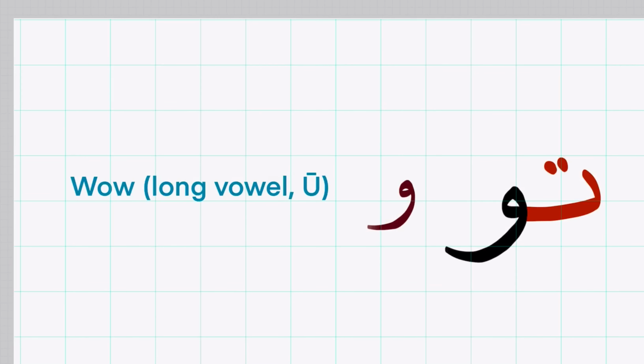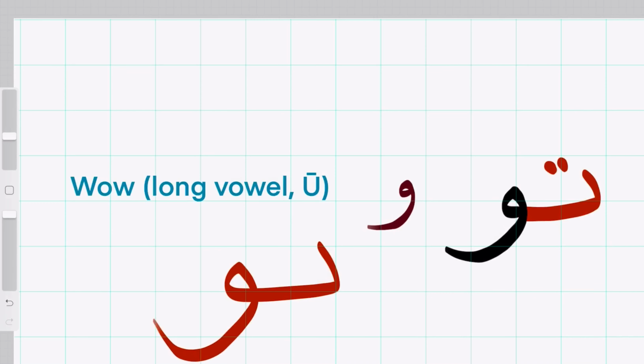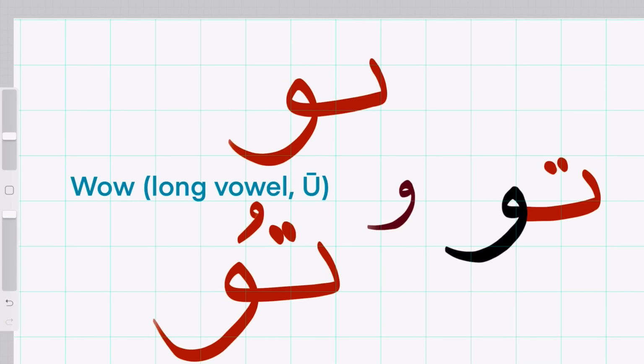So this is how it would look when it is attached to the waw or oo long vowel, and the pronunciation will be too. Let's practice writing it. Let's practice again. Too. Try it on your own.